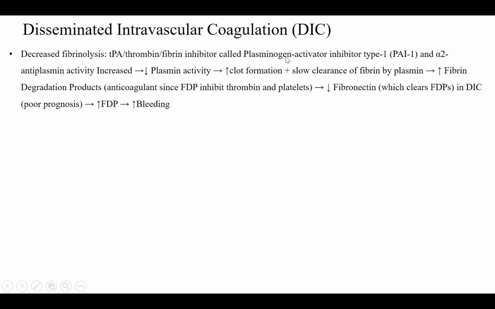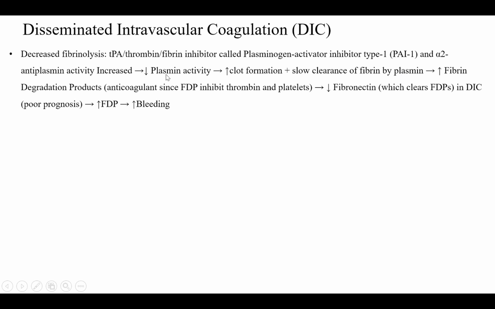So basically plasminogen activator inhibitor affects TPA, thrombin, and fibrin, and prevents the conversion of plasminogen to plasmin. And alpha-2 antiplasmin works against plasmin and prevents the activity of plasmin. So both of these mechanisms decrease the plasmin activity and cause increased formation of clots, along with slow clearance of fibrin by plasmin.